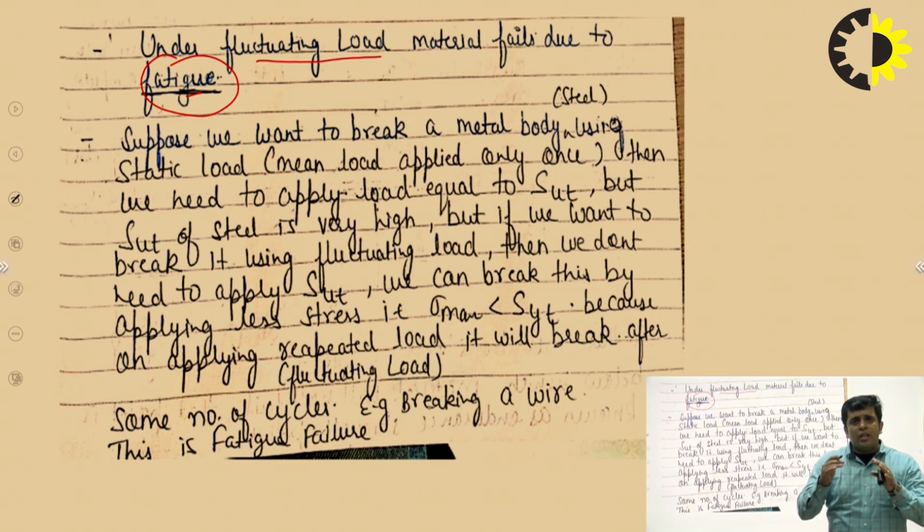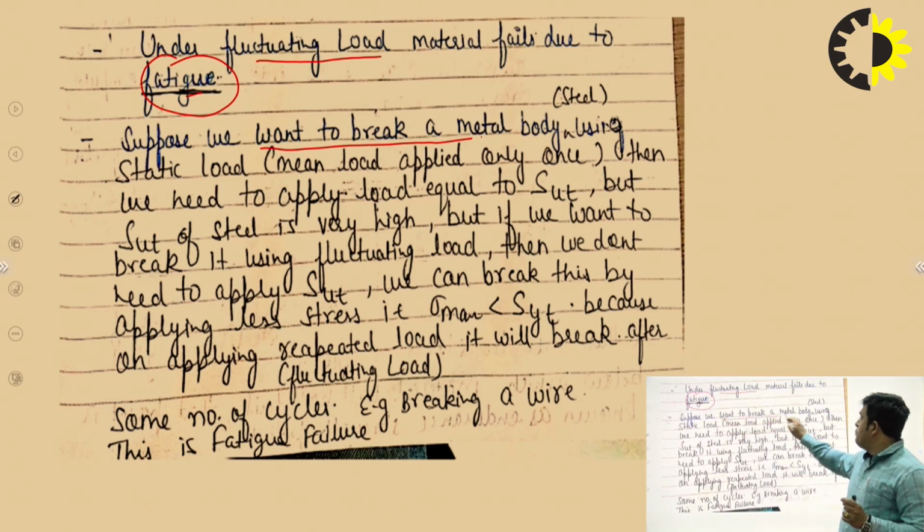Now, what is fatigue? To understand it, let us take an example. Suppose we want to break a metal body made of steel, using a static load, meaning the load is applied only once.